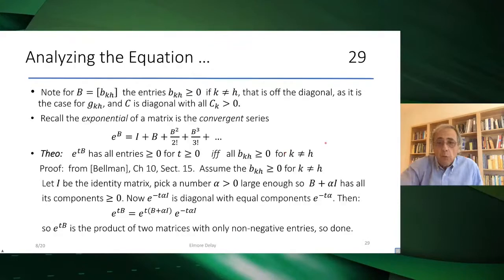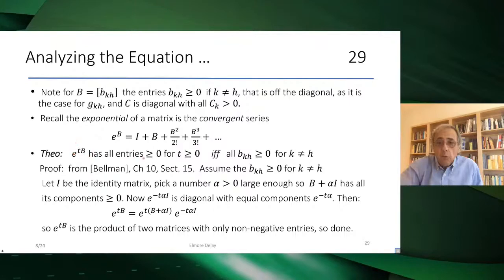And here is where a little bit more elaborate linear algebra tells us: the entries G_ik, which are positive, divided by C's that are positive, are also positive, except the diagonal. If we take the exponential of a matrix, if you remember this is convergent and so on, the solution should be e to the tB times the initial condition.